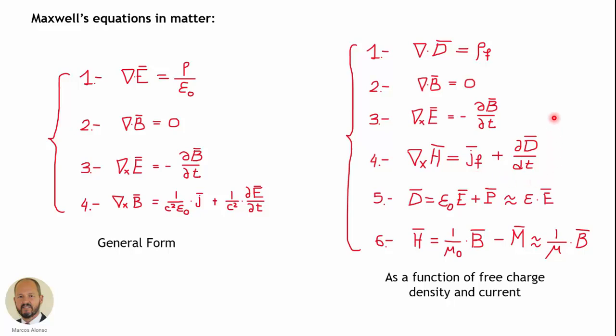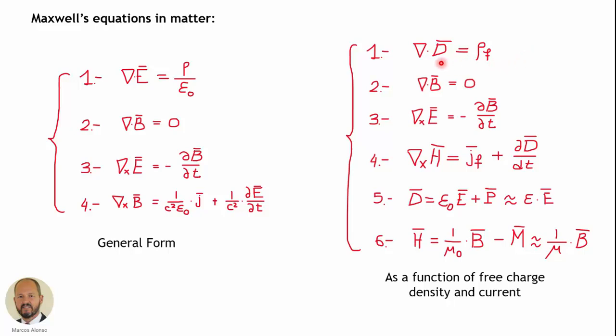And they are also very compact, and we achieve this by adding two new vectors, which are the displacement vector D, defined as shown here, and the magnetic field intensity vector H. And these equations are in differential form, which is easier to remember.